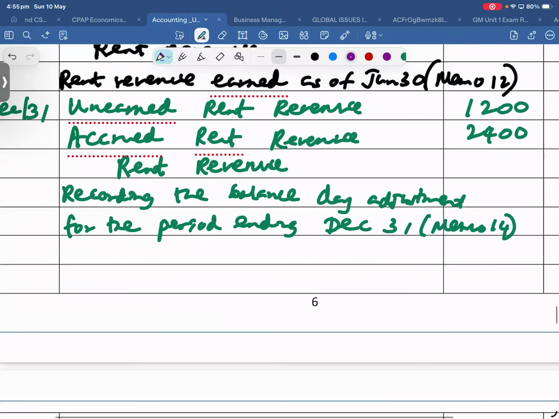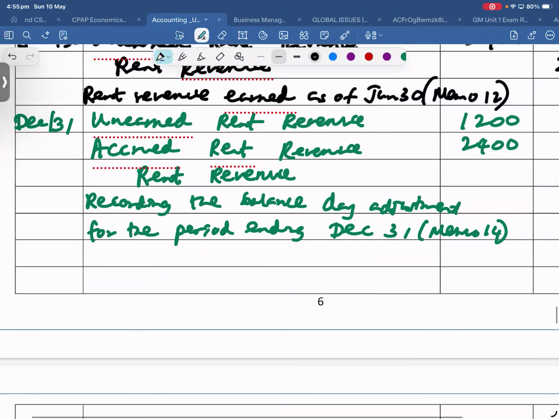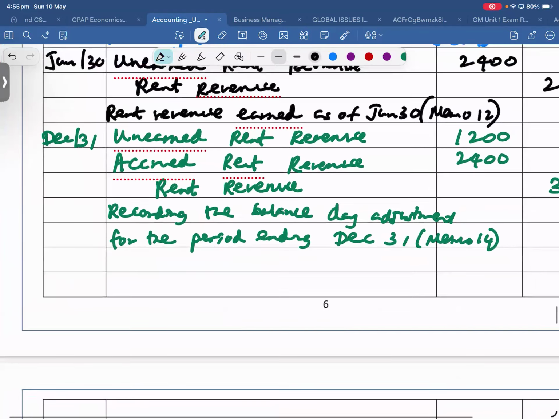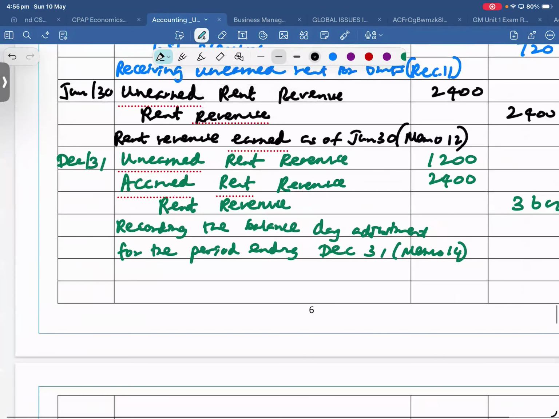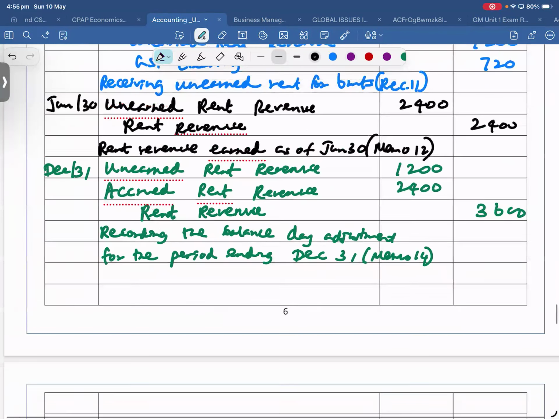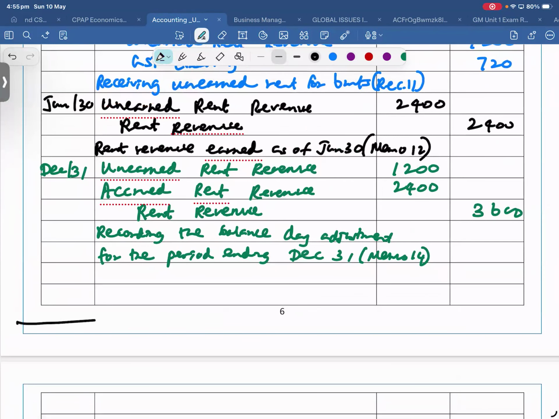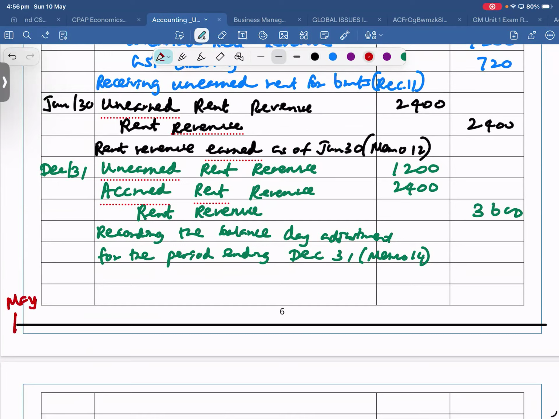How do you draw the timeline, guys? Starting from May 1st, and then June 30th.